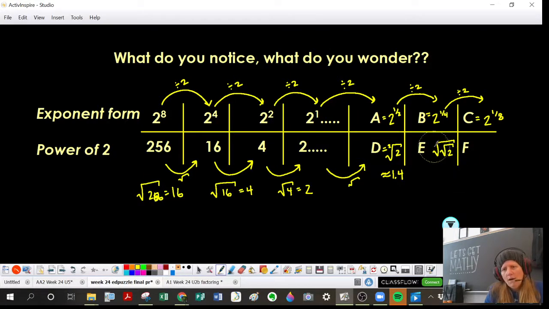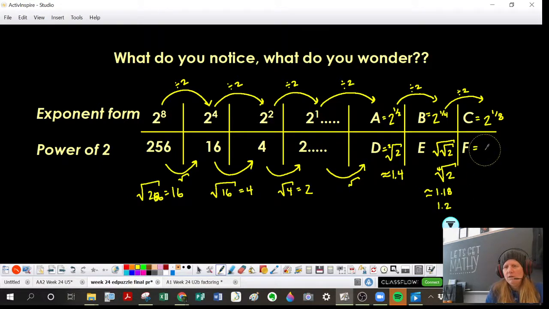Oof. Or I can say, remember that word index? That's where I can write that I'm doing the fourth root of 2. Or again, as an approximate decimal, 1.18. If you truncate it, you could round that up to 1.2.